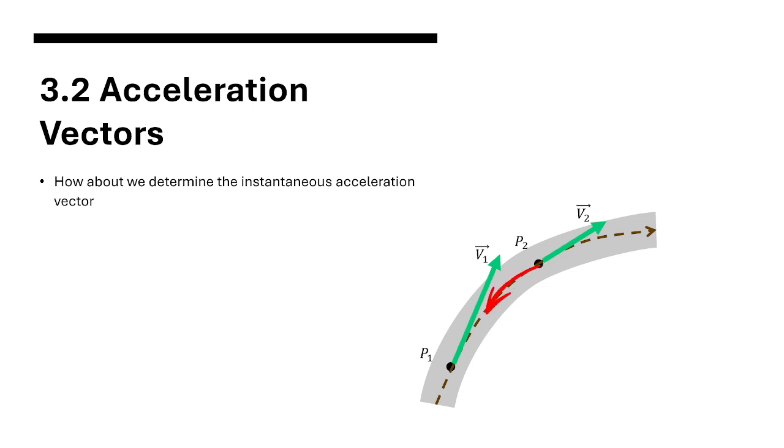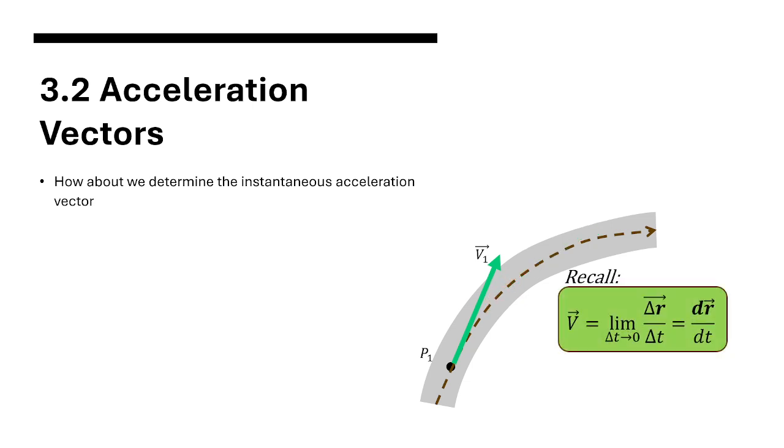If we have something that approaches 0 in our equation, we are going to talk about the limit. Recall this: the instantaneous velocity is equal to the limit of the change in r over the change in t, which is equal to dr over dt.